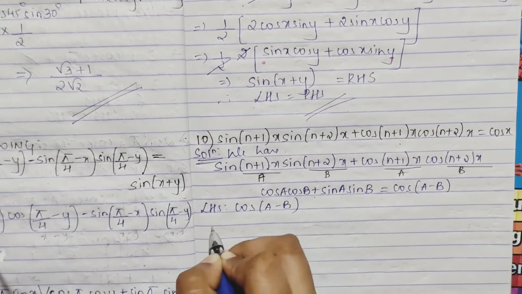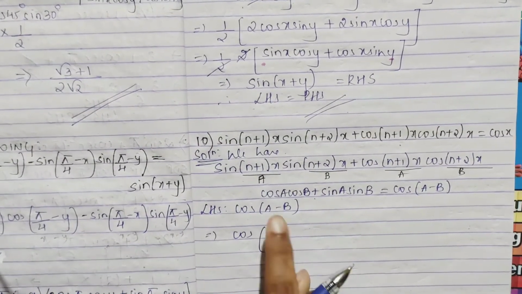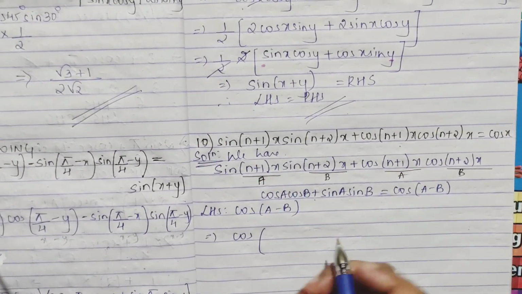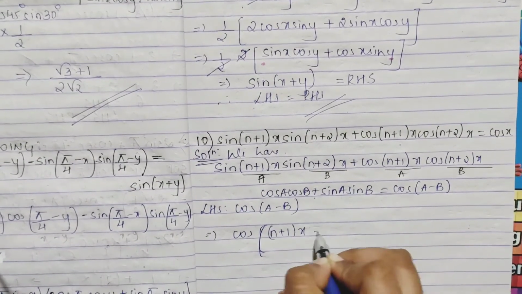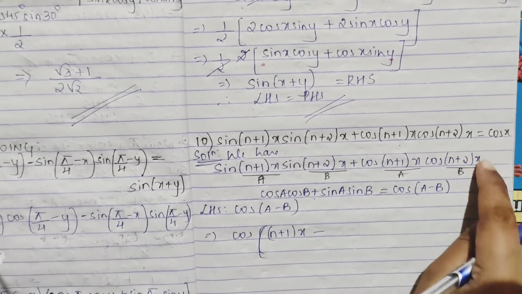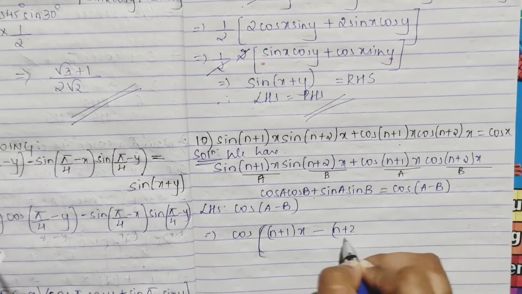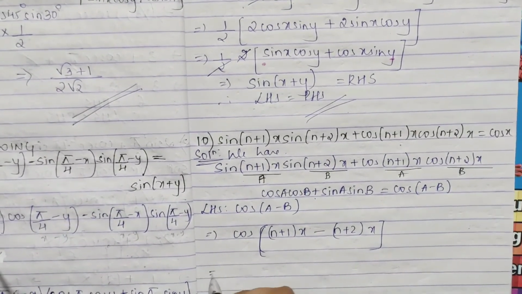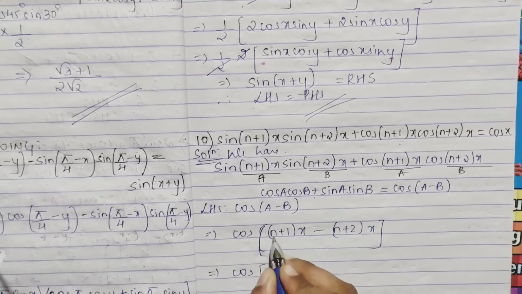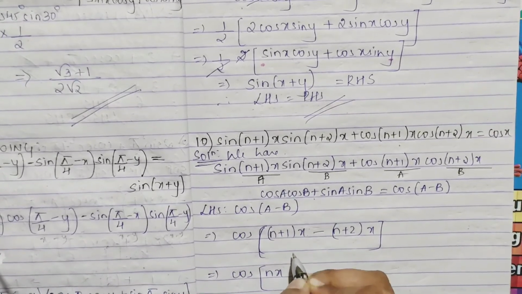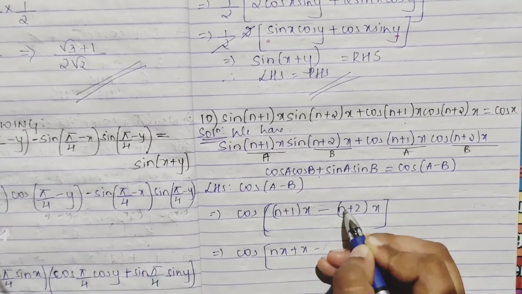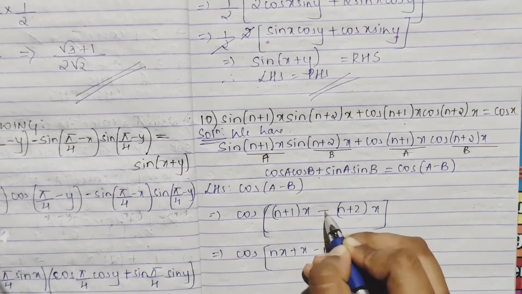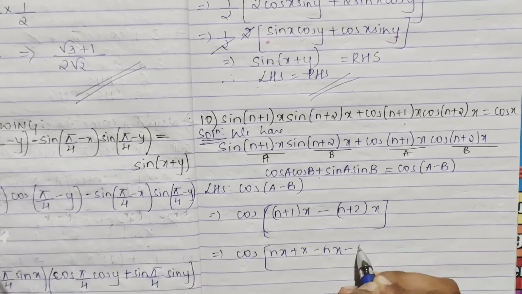In place of A, what is A here? (n plus 1)x, right? So in place of A, we'll put (n plus 1) into x minus, what is B? (n plus 2) into x. Simple. Now keep your cos, multiply it: n into x is nx, you can see, right? 1 into x is x, minus n into x is nx, minus into plus is minus, 2 into x is 2x.